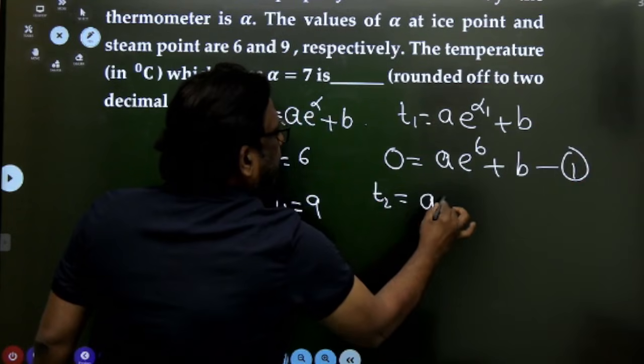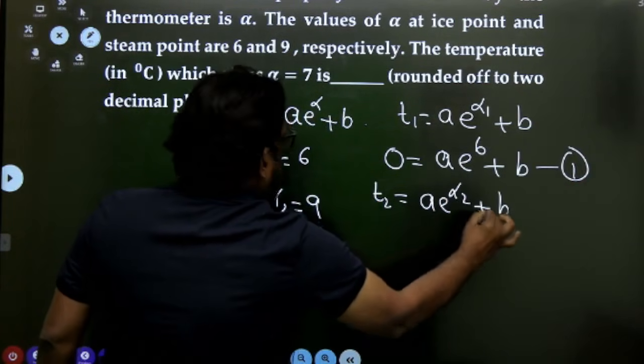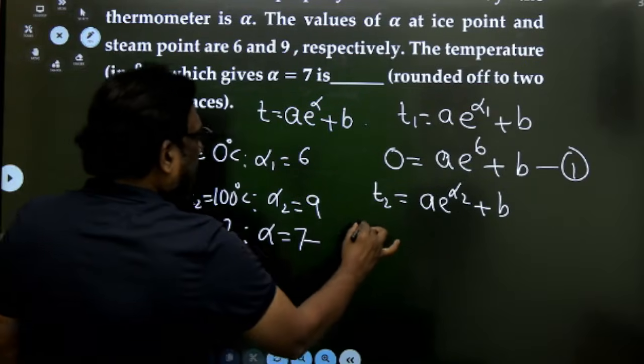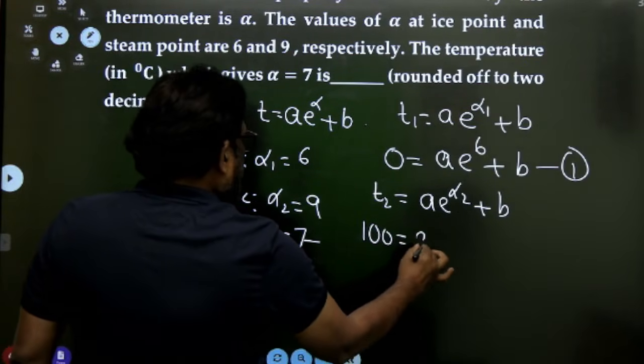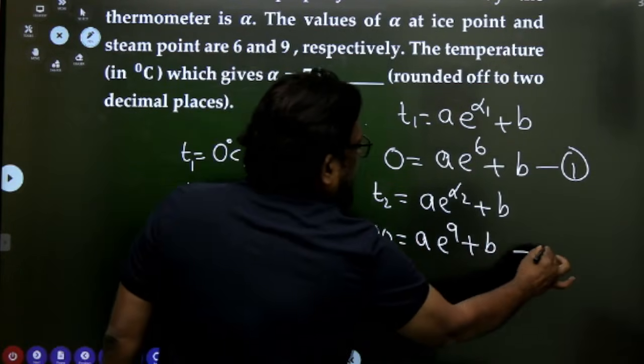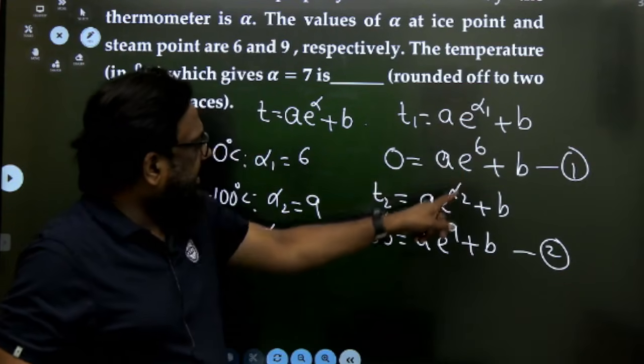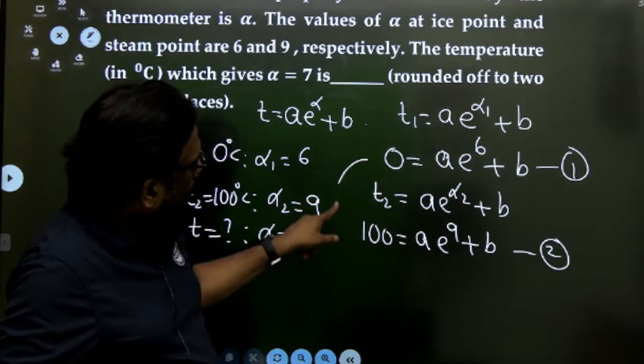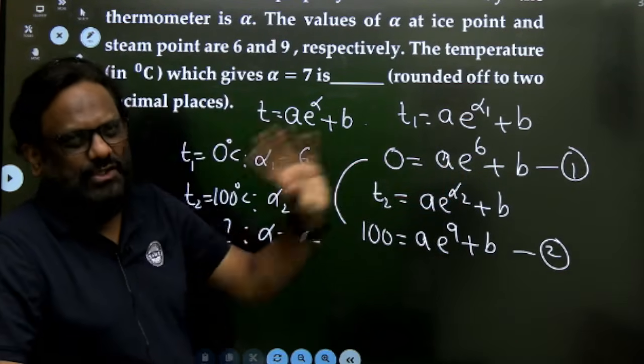Next, T2 is equal to A e power alpha 2 plus B. What is T2 sir? T2 is 100. A e power alpha 2 is 9, plus B. So this is my second equation. दो equations, दो unknowns I can easily solve.